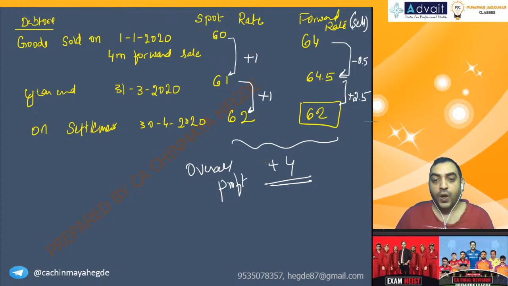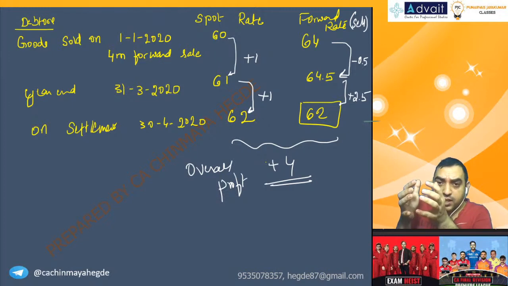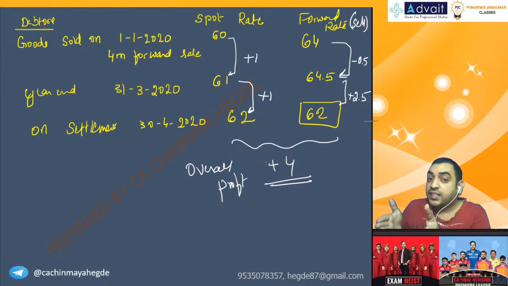Okay, 0.5 is a loss. 0.5 is a loss because it is a forward sale contract. If you consider a forward sale contract alone, you already committed for 64, which is your sell rate. But in the market it is 64.5. So if you consider this contract as a standalone product, how are you going to settle it?